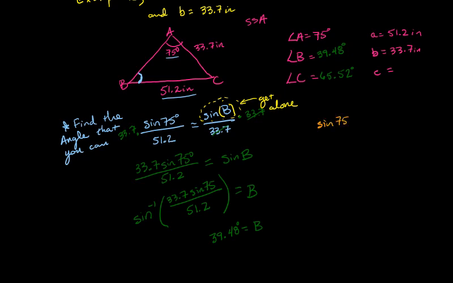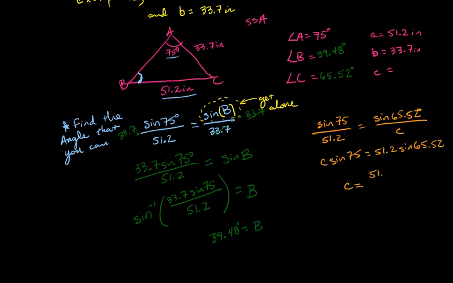Sine of 75 over 51.2 equals the sine of 65.52 over side C. So if I cross multiply, C times sine of 75 equals 51.2 times sine of 65.52, so C will equal 51.2 sine of 65.52 all over sine of 75.